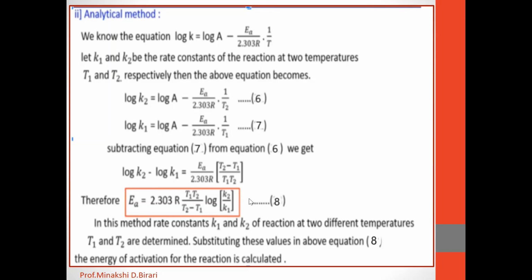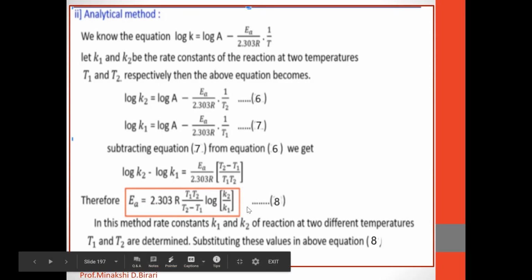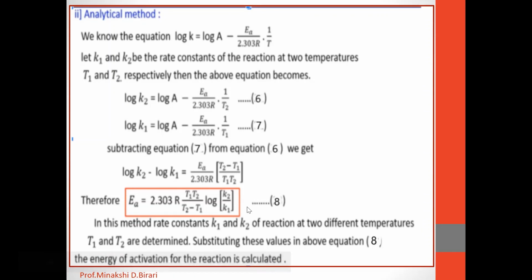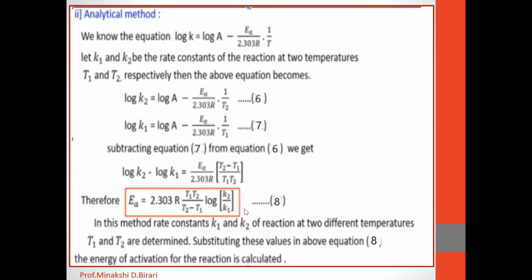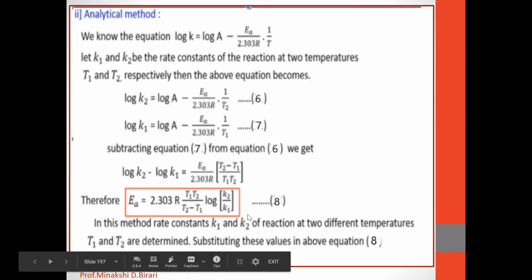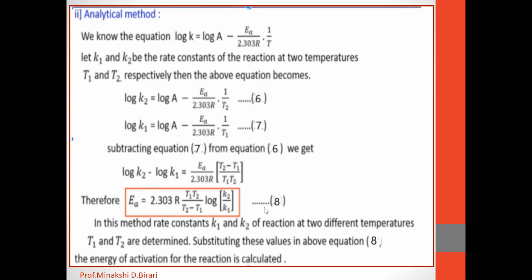So we should remember that the observed activation energies for most of the elementary reactions are in the range of 0 to 80 kilocalorie per mole, and the energy of activation for bimolecular reactions is lower compared to unimolecular reactions.